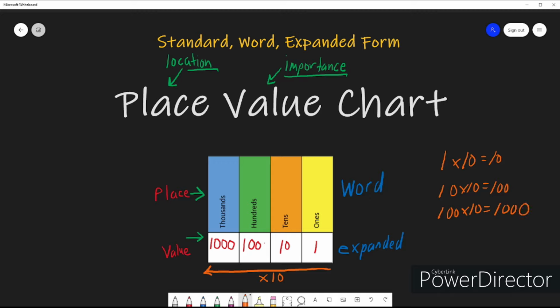That's key to understanding how place value works and how we move along a number. With that being said, let's get into our very first writing form.